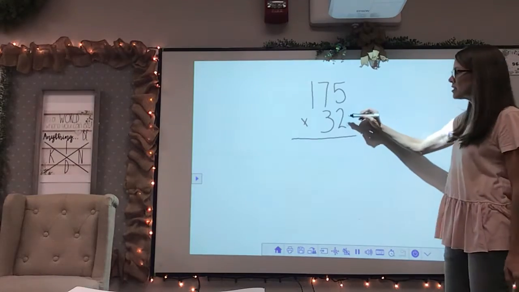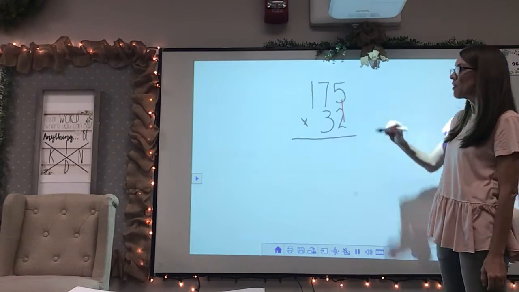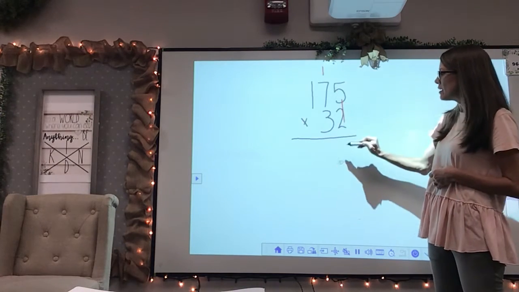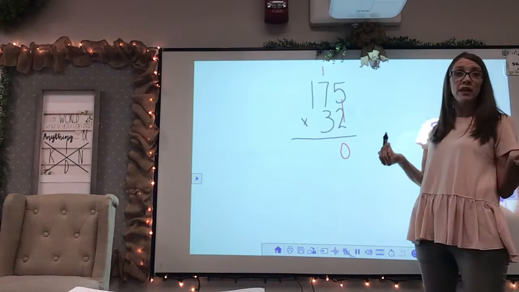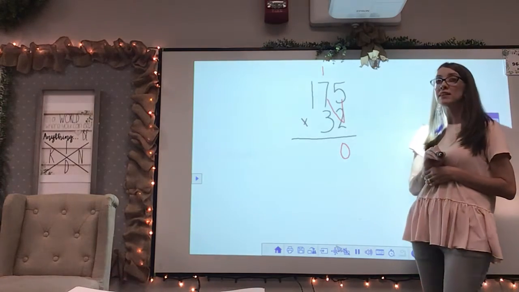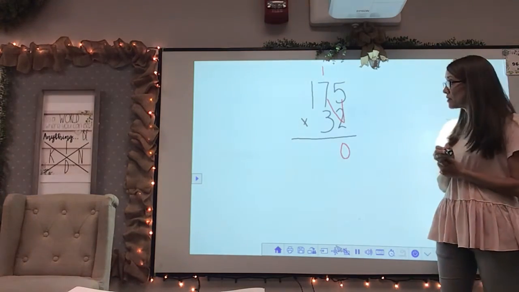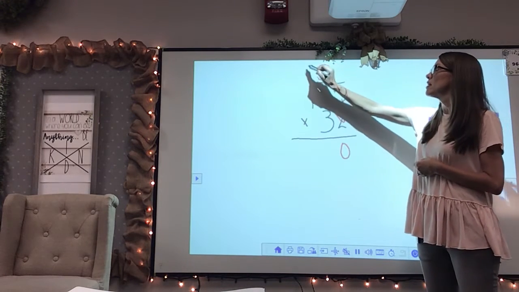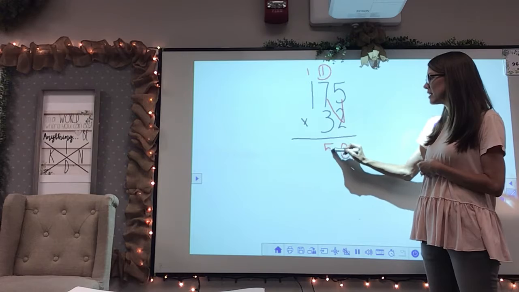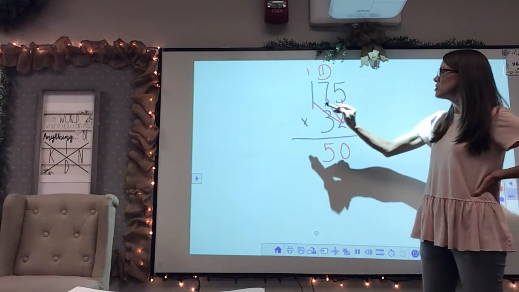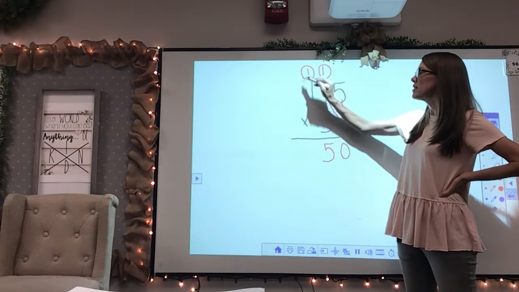So you are going to take 2 times 5, and what do you get? 10. We carry the 1 and put the 0 down here, similar to when you add. Now we take 2 times 7. What do you get? 14 plus 1 equals 15. 2 times 1 is 2, plus this 1 is 3.